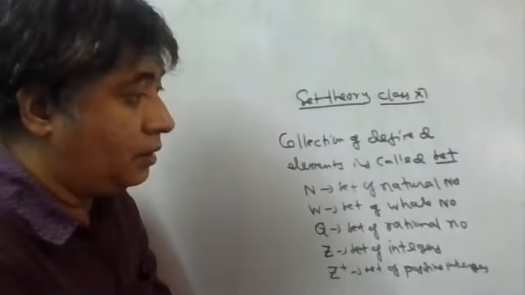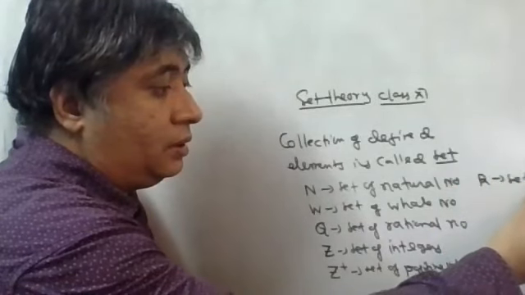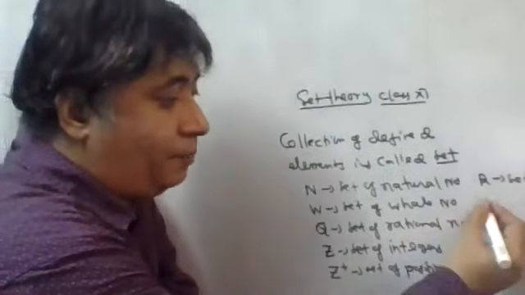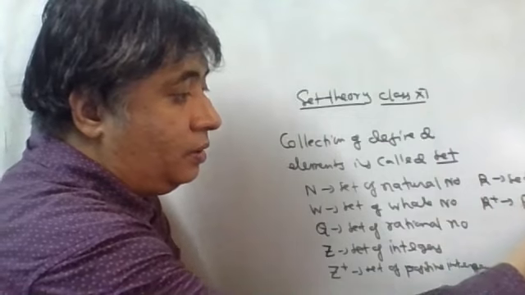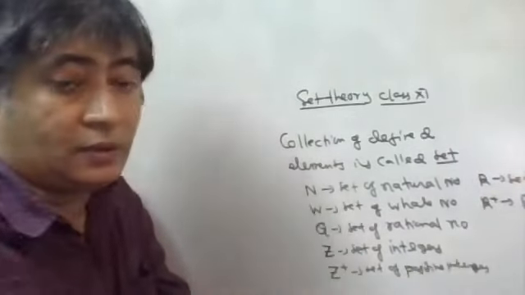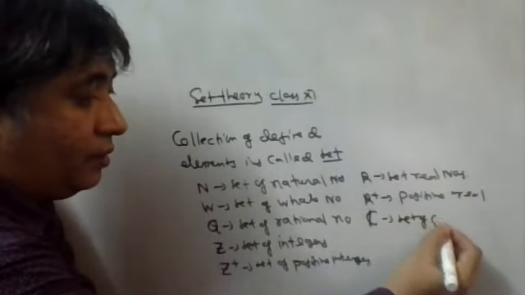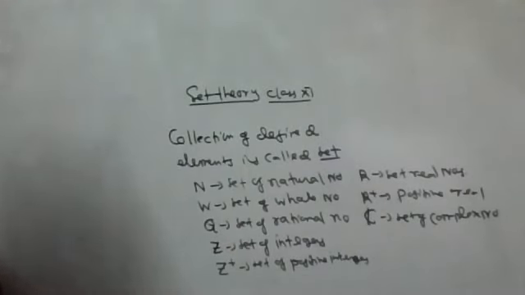Say R. R means set of real numbers, and R plus means set of positive real numbers. And script C, set of complex numbers. So this is the way I can denote different types of sets.